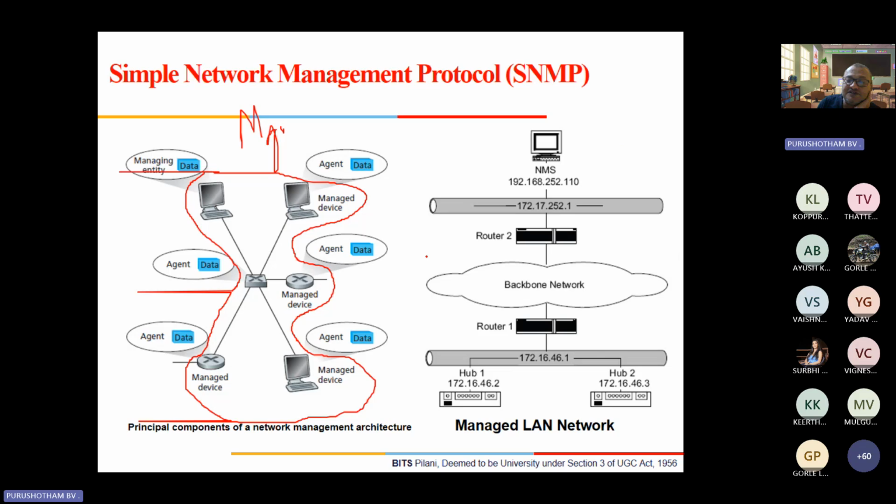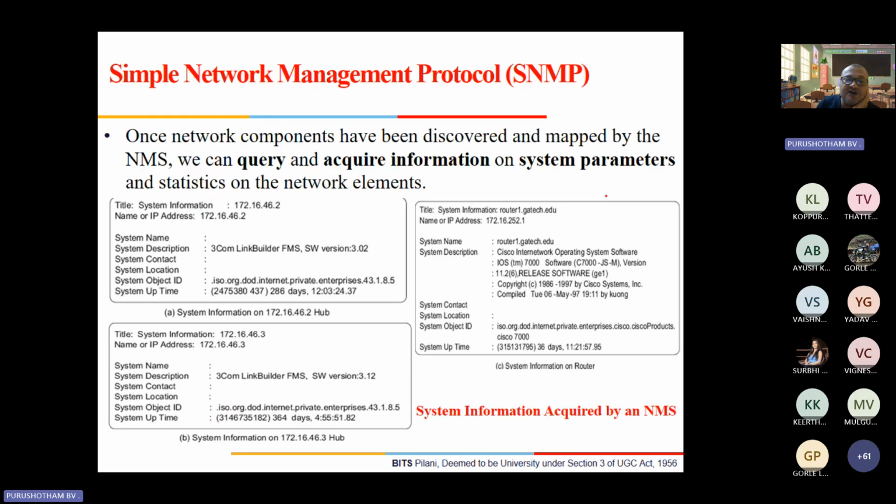In our picture, we saw hub 1 is there, hub 2 is there, then router 1, router 2 is there, right? See, hub's details, second hub's details. So system information on the router, how it is going to be there. In order to identify this, you might be using ASN, abstract syntax notation. Through that, it is being identified.